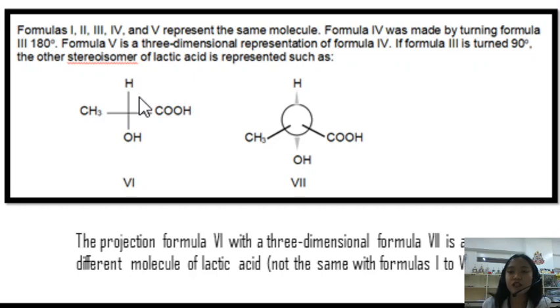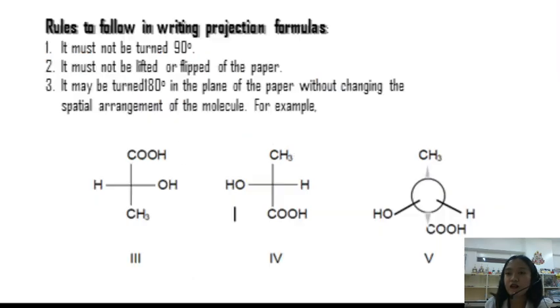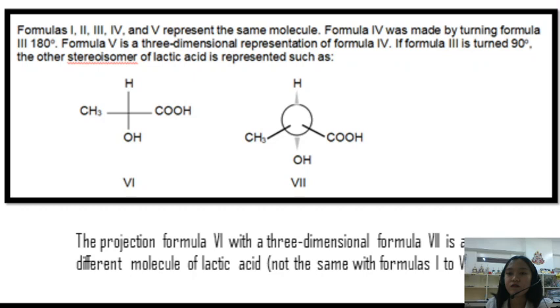Now, kapag meron siyang isang chiral carbon atom, meaning it produces two forms of stereoisomer. So, yung first form of stereoisomer is yung structure number 3. Ito.